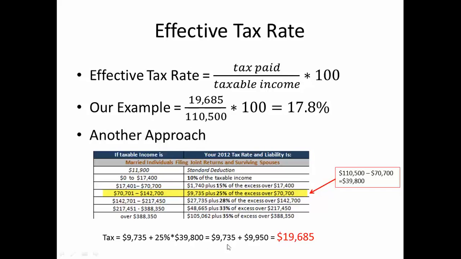It's $9,735 plus $9,950, which equals $19,685, the same number we got before. That's just another way. If you're looking online, it's a little different from the way we calculated it, because we split ours into buckets and computed the part at 10%, then the part at 15%, and finally the remainder at 25%. But either way, the calculations are the same.